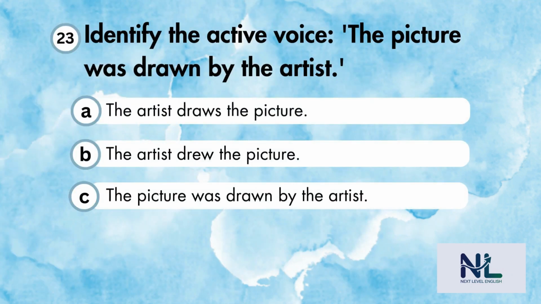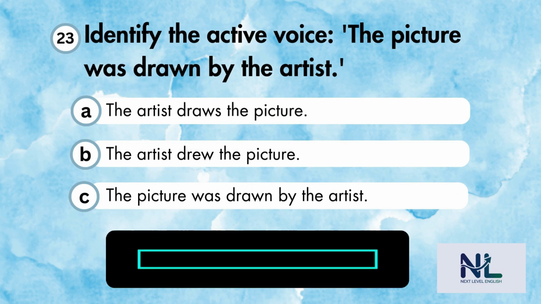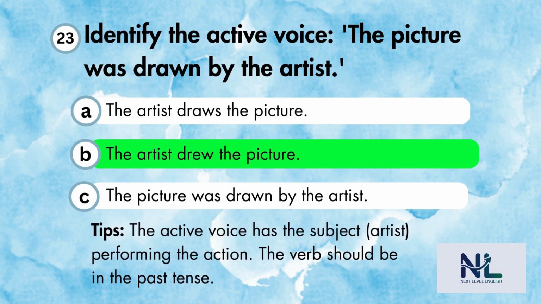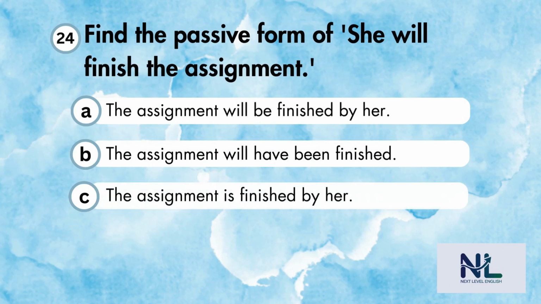23. Identify the active voice. The picture was drawn by the artist. The artist drew the picture. Tips: the active voice has the subject, artist, performing the action. The verb should be in the past tense. 24th.